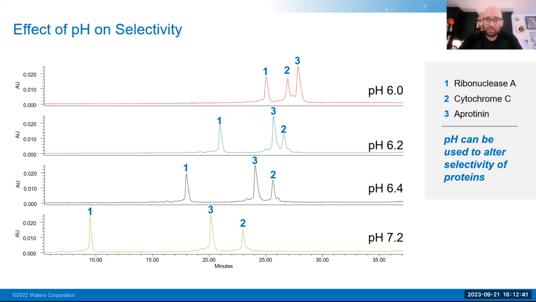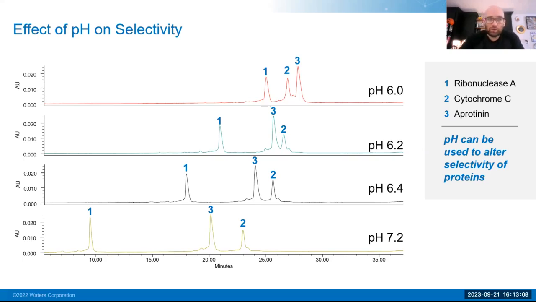You'll see from pH 6 to 7.2, we're able to alter the selectivity enough to where initially the first three peaks or a few of the peaks are co-eluting, and we're not able to see some of the charge variants that are present in the sample. But then moving to pH 6.2, 6.4, and 7.2, we start seeing the peaks not only spread apart and offer better separations, but we also begin to see swapping of different peak positions.